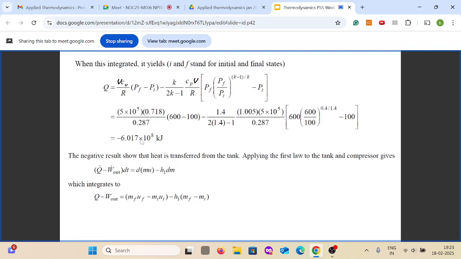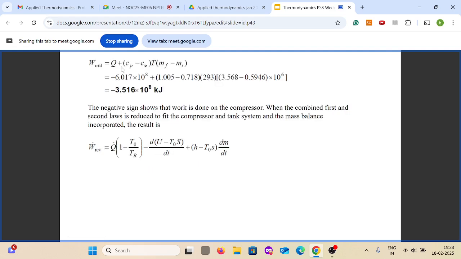So the negative value shows that heat is rejected from the tank to the ambient. So applying the first law to the tank and compressor together, I get (Q minus W) dt equals d(mu) minus h1 dm. So after integrating, I get Q minus W, which is change in energy of the tank minus enthalpy coming in into change in mass.